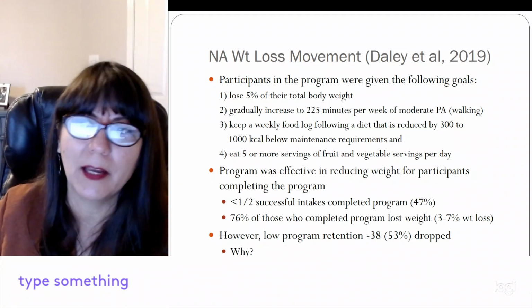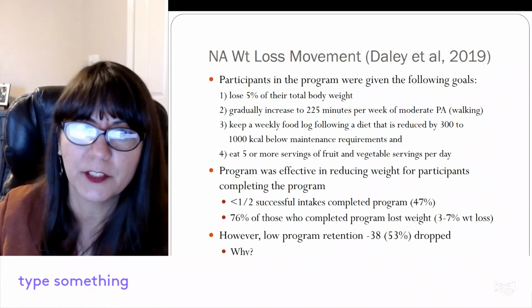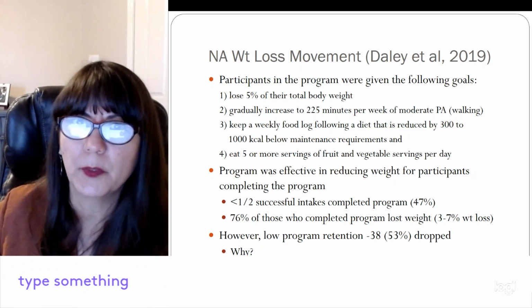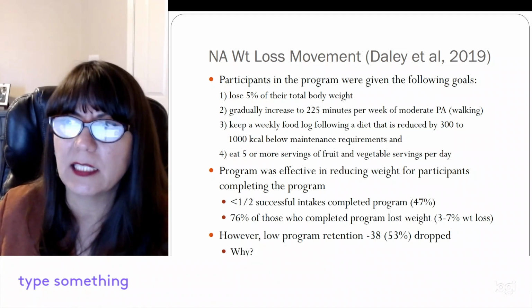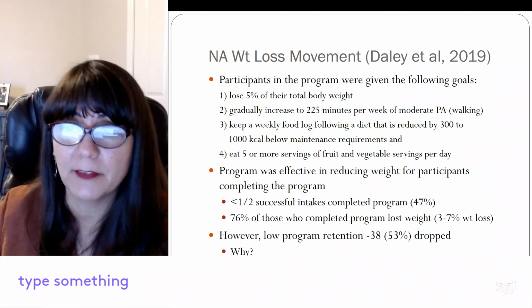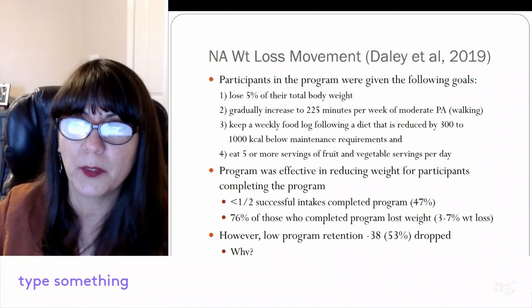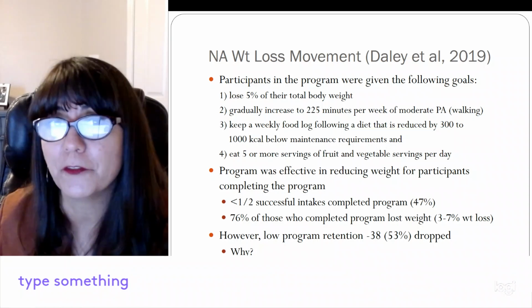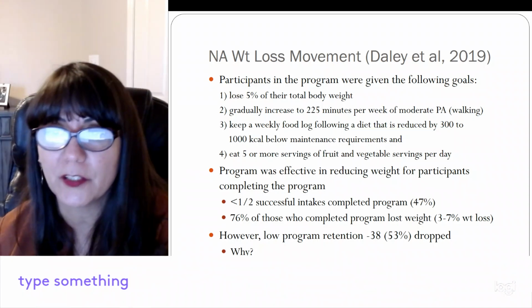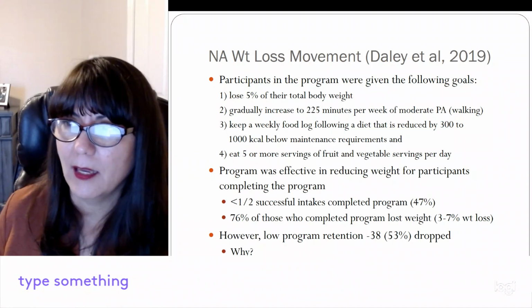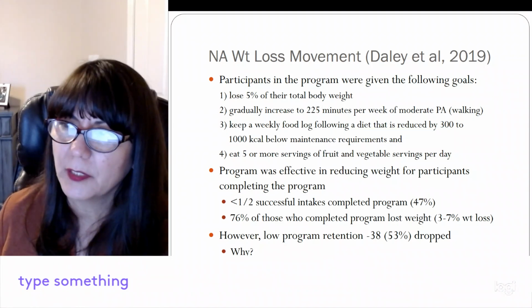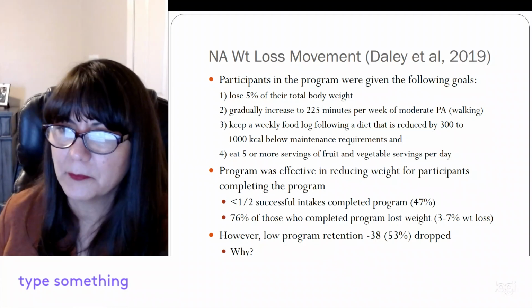They had to eat 5 or more servings of fruits and vegetables per day. And so when people are experiencing food insecurity and when they live in food deserts, how feasible is it for them to access this type of food, and is it within their financial capability? And so I don't recall seeing this.